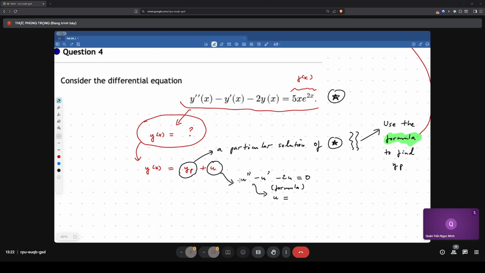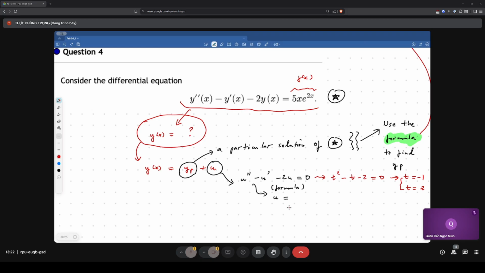First you find the characteristic equation. So for this one, you have t squared minus t minus 2 equals 0. And then you get t equals -1 and you get the number 2, right?